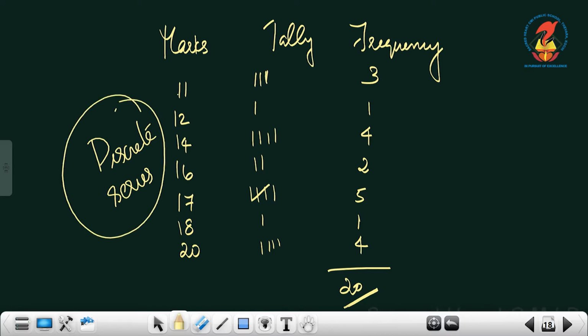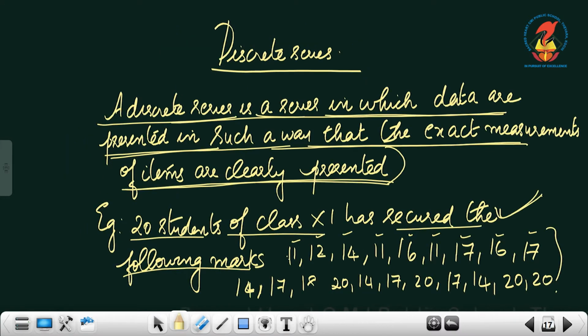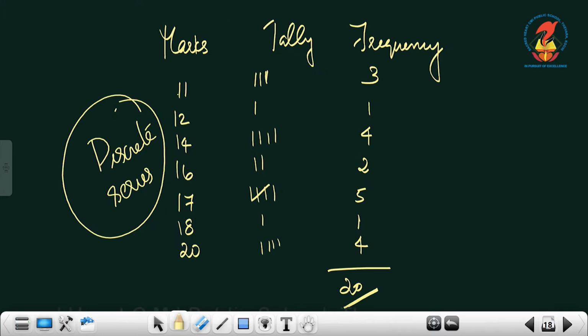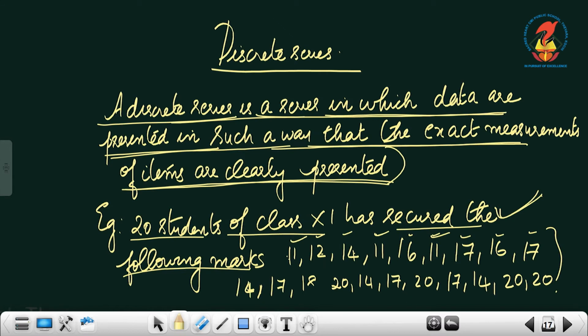Mark 11: three students have secured it. Let us check once again: 1, 2 and 3. No other 11s here. So three tally bars we have given and we have written the frequency as 3. 12 is secured by only one student.